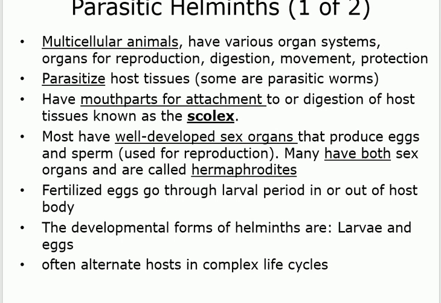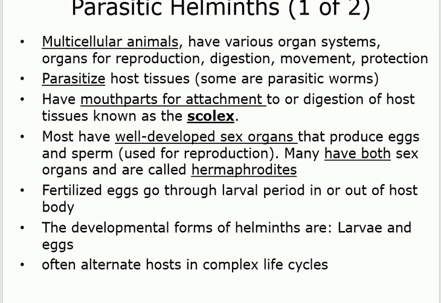Next type is helminths. Helminths means worms. Okay? So parasitic helminths are the worms that invade us. They are parasitic. Obviously, this is never unicellular. It's a whole worm, right?